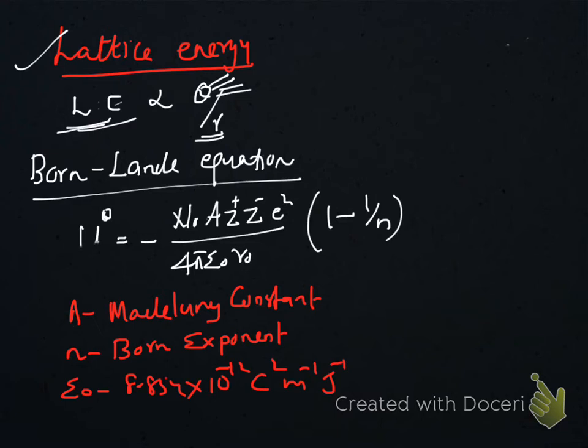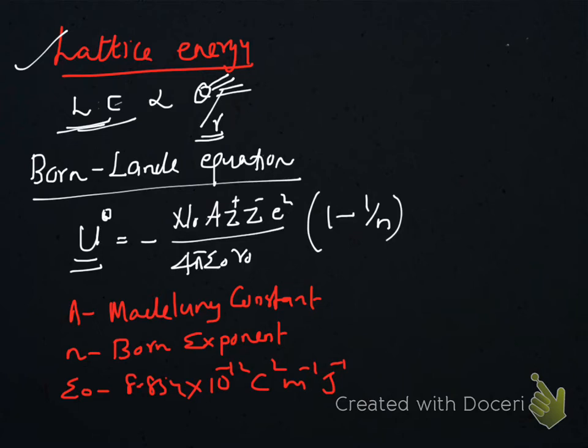U0, that is lattice energy, equals minus N0 into A Z plus Z minus e square by 4 pi epsilon 0 R0 into 1 minus 1 by n.